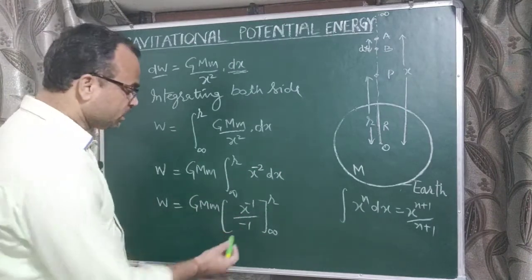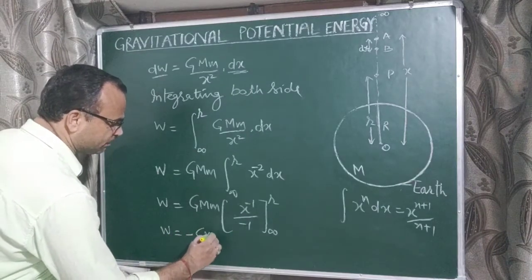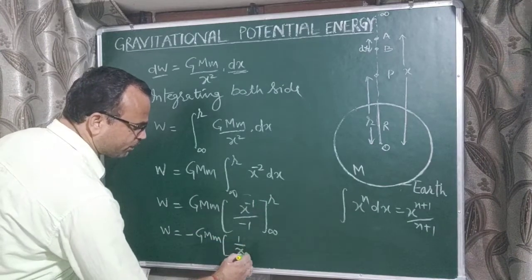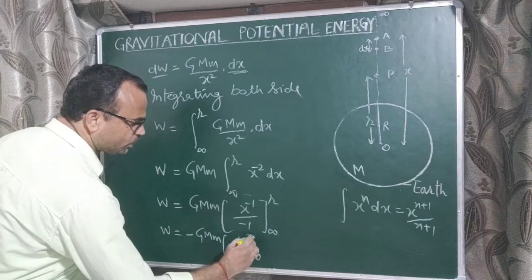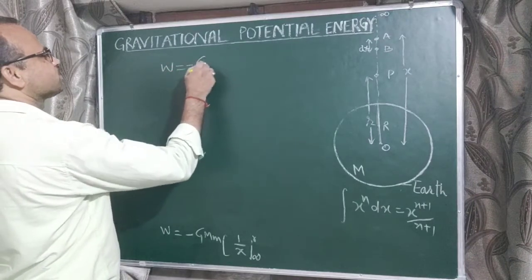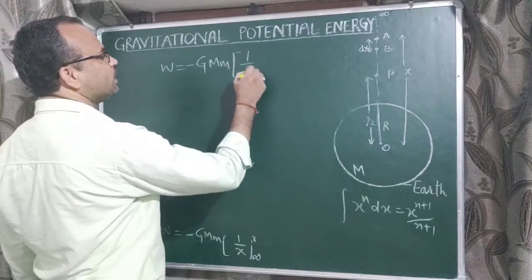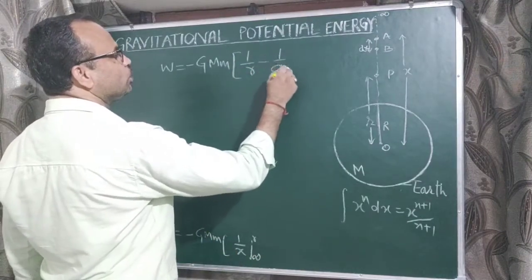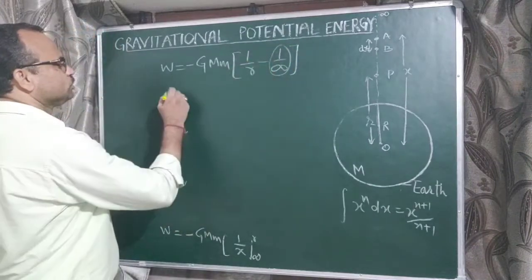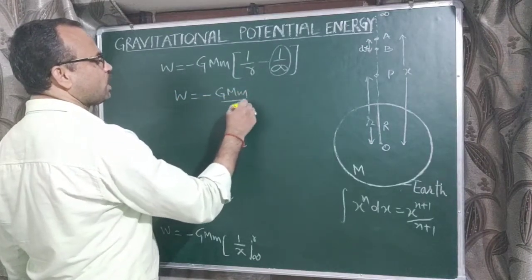The minus 1 taken outside, so W is equal to minus GMm, and x raised to the power minus 1 can be written as 1 upon x, limits infinity to r remain the same. Now substitute the limits: upper limit minus lower limit. We know that 1 upon infinity is equal to 0. So W equal to minus GMm upon r.